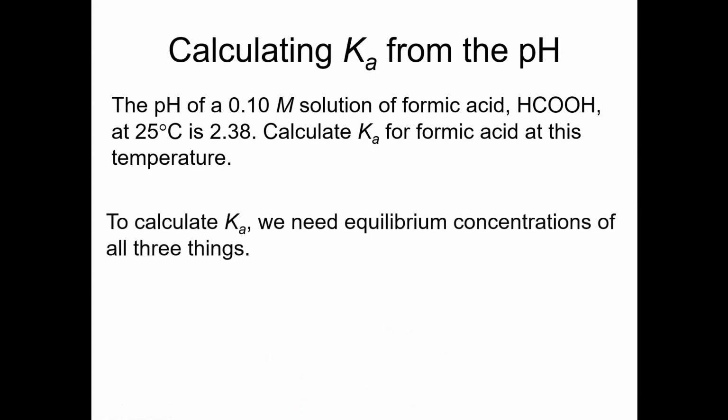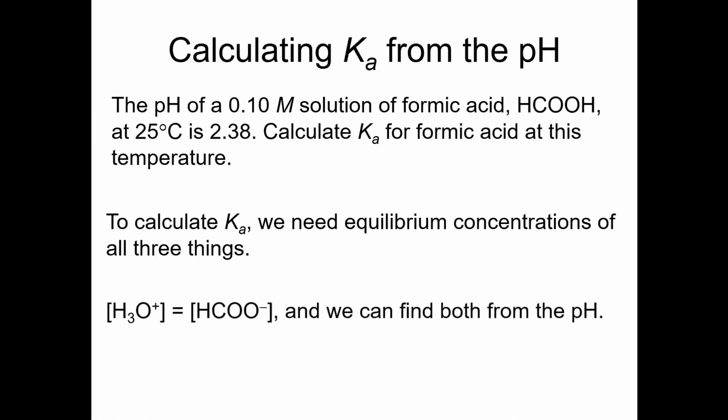Okay. To calculate Ka, we need to have the equilibrium concentrations of all three things: the formic acid, the formate ion that's formed when it ionizes, and the H plus that's formed when it ionizes. Well, remember that H plus and formate are forming together stoichiometrically, and so therefore, if we know the pH, we can find the hydronium ion concentration.